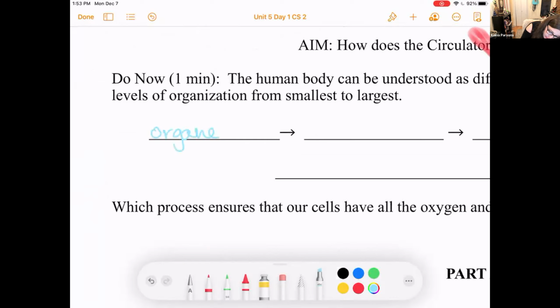And in this case, I hope you're already thinking the organelle we're thinking of is the mitochondria, right? And so the mitochondria is undergoing cellular respiration by using oxygen and glucose that we inhaled and ate to create energy for our cells, right?